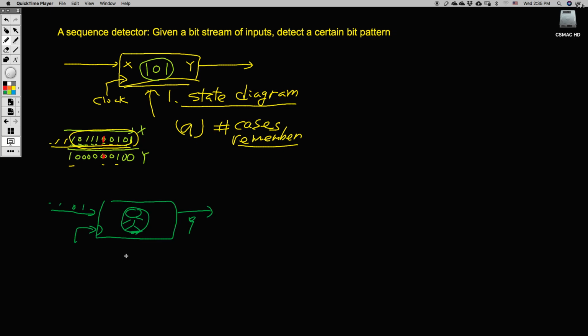By remembering something minimally, that is, you could just remember cases like that. Say there's the bit pattern 101. In case 0, no bit pattern has started yet, so you have received a 0, not the first 1 yet.